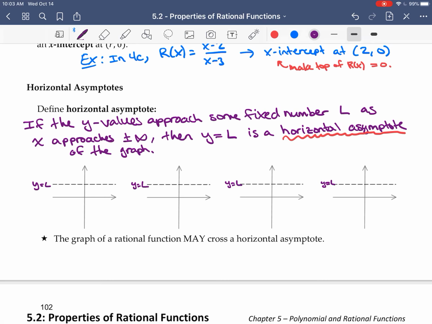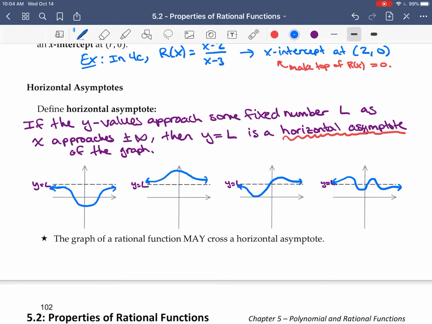Okay, how could we approach this? Maybe the graph is fully below the horizontal asymptote, so you might get something like this. It might be fully above the asymptote, or you could actually cross the asymptote. So you could have something like that, or something like that.